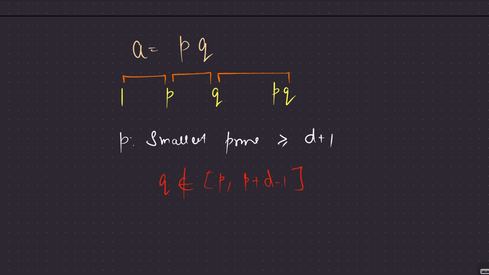So in other words, q has to be greater than or equal to p plus d. That is obvious, otherwise the difference won't be at least d, it will be less than it. So that's not allowed.